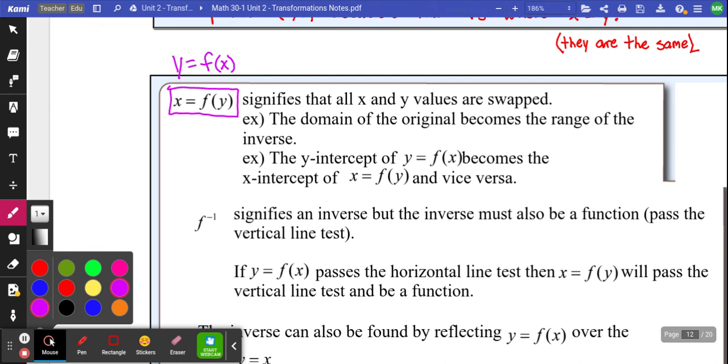There's a second way that they show inverse, like this. They go f, and then they give a little -1, like a -1 exponent. There's a reason there's 2 different ways for it. Both mean inverse.